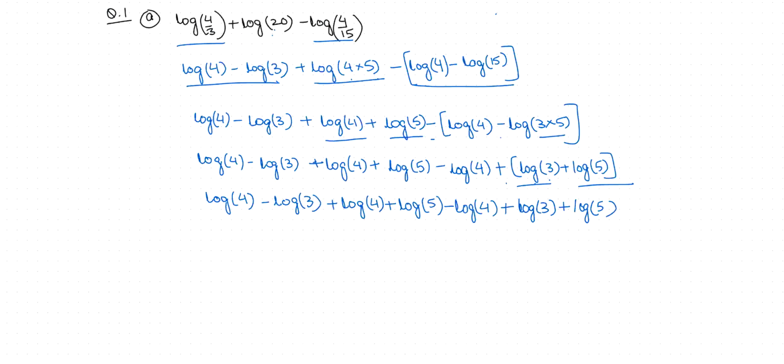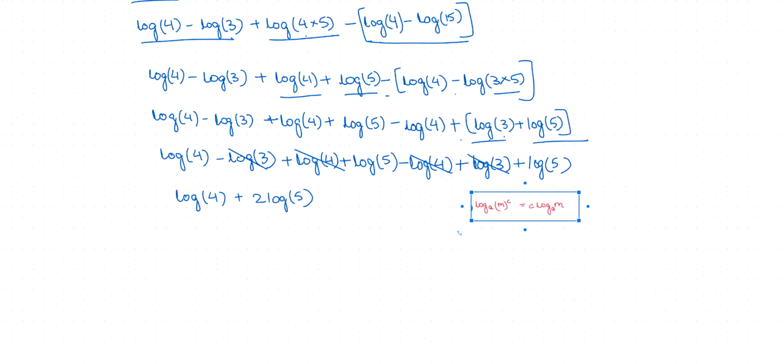So now we see that negative log 3 and positive log of 3 cancel. Negative log of 4 cancels with positive log of 4. Now we will simplify further. So we have simplified to here.